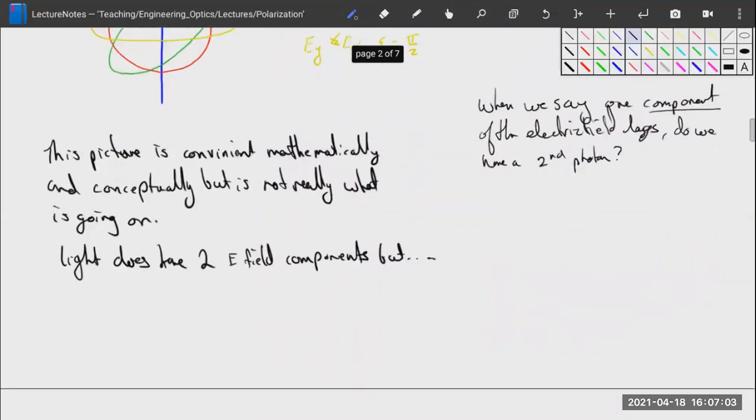Another case where this description breaks down is when we talk about methods of polarization. So if we want to polarize light, for example, the sunglasses you have, if you have polarized sunglasses, the theory of polarization says that those sunglasses absorb one direction of electric field energy and leave the other direction undisturbed.